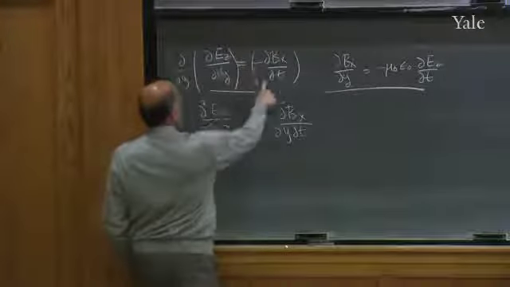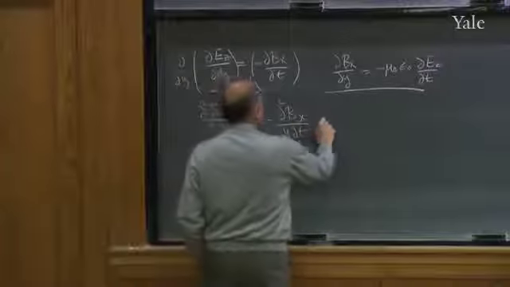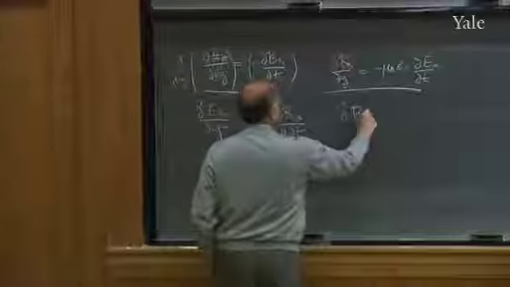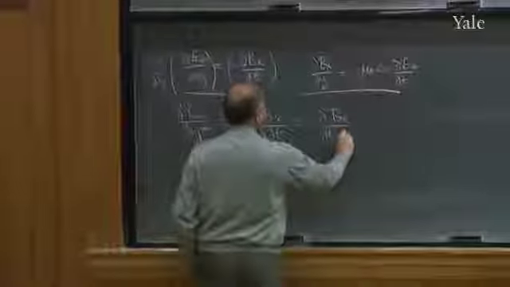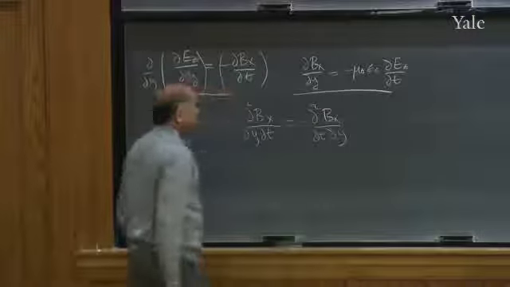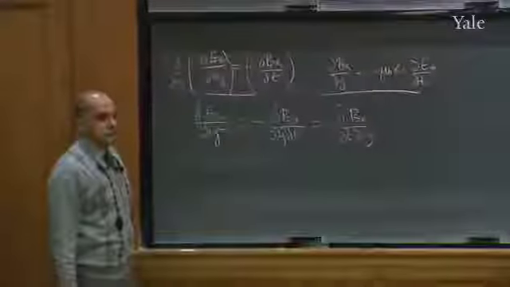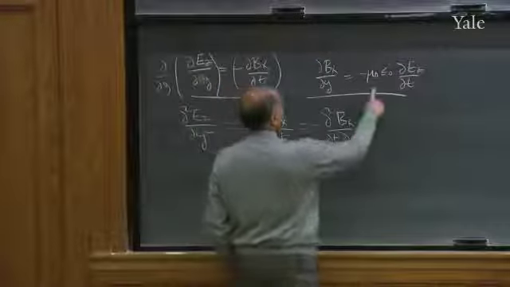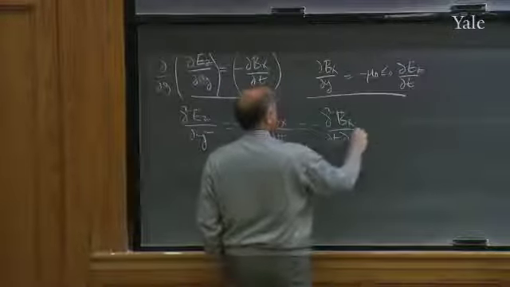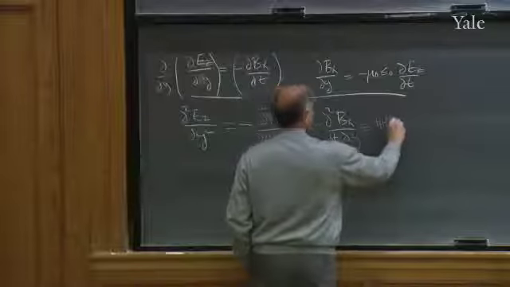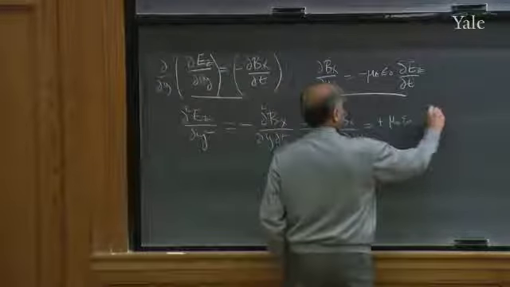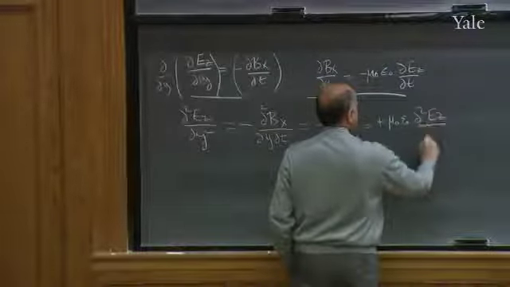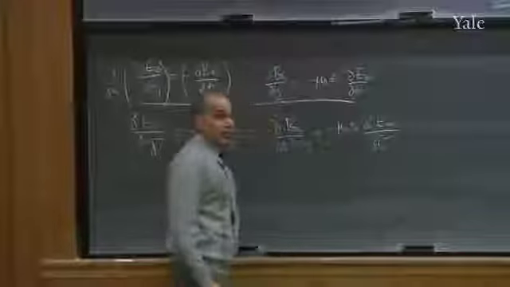Now you know partial derivatives. You can take the derivatives in any order you like, so let's write it as d by dt, d by dy. But dBx dy is minus mu 0 epsilon 0 dEz dt. Another dt makes it plus mu 0 epsilon 0 d2 Ez over dt squared.